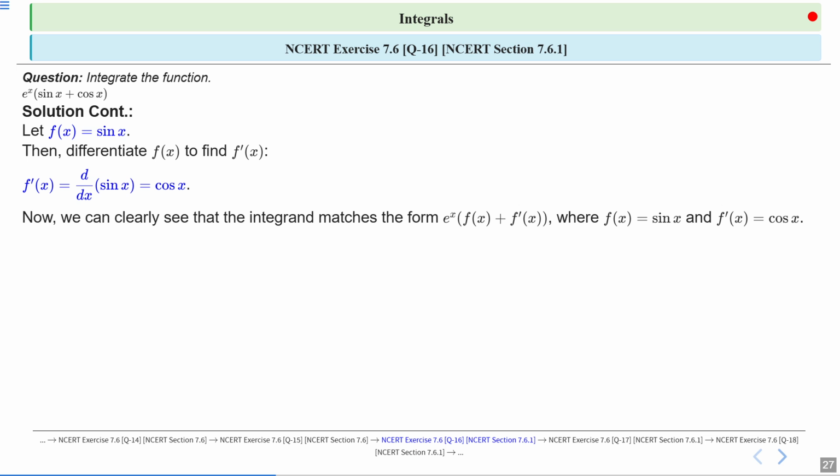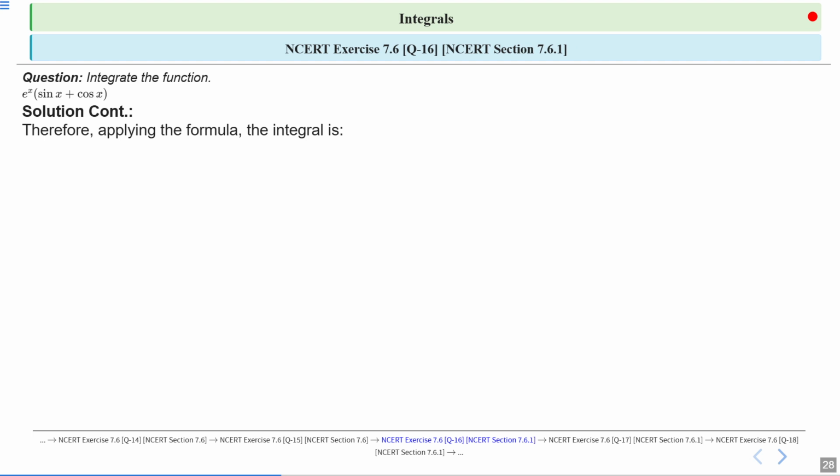So it matches the special form, that is e^x into (f(x) plus f dash x), where f(x) is sin x and f dash x is cos x. Therefore, applying the formula, the integral is e^x into f(x) plus c. So the value of the integral is e^x into sin x plus c.